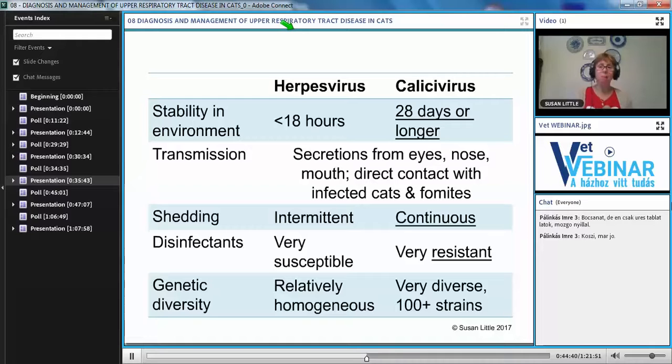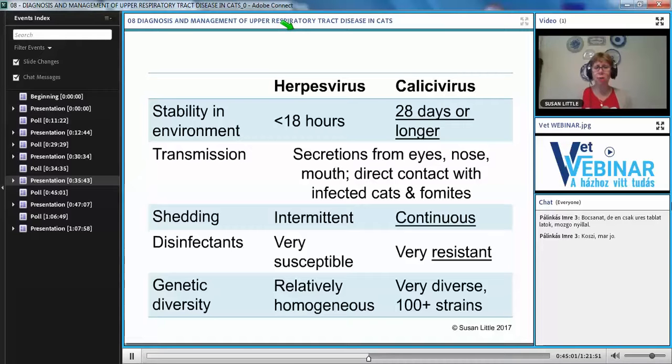Assays may not pick up every calicivirus strain that's out there. And we can see quite a wide spectrum of disease with calicivirus. So there are some really key differences, even though for upper respiratory tract disease, some of the clinical signs are very similar. There's some key differences we have to keep in mind for management.